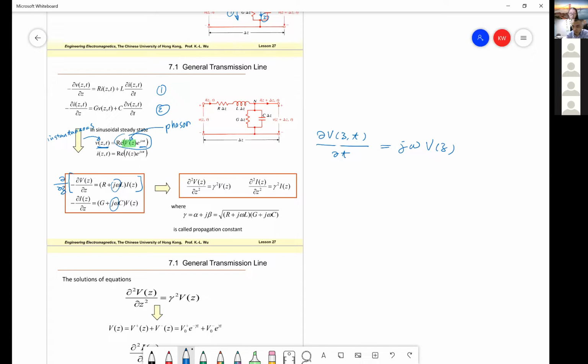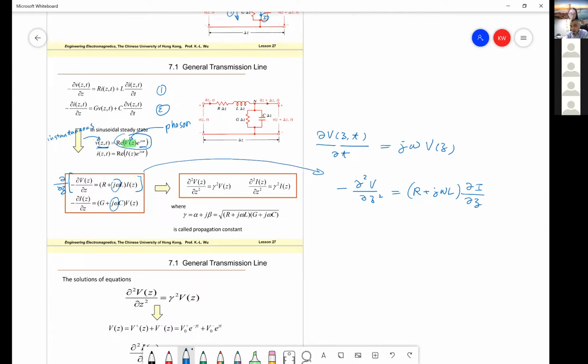Then we have minus. Actually, right now it's not a partial anymore. So this should be, okay, that's okay.